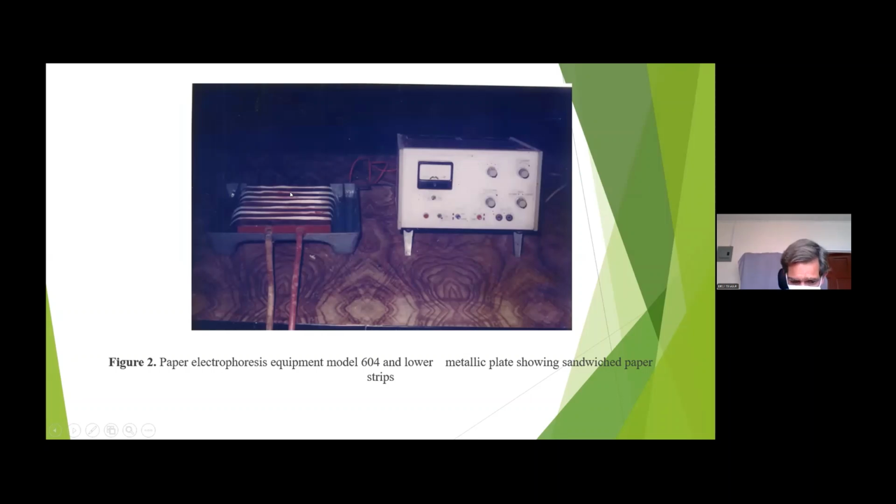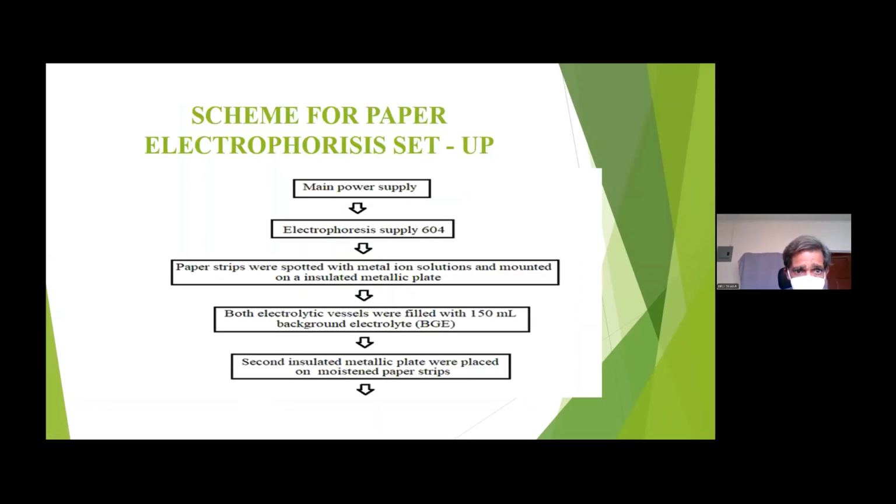Now, this figure 5 shows the scheme for paper electrophoresis setup. The first step is the main power supply, then the electrophoresis supply 604, then paper strips were spotted with metal ion solution and mounted on the insulated metallic plate.